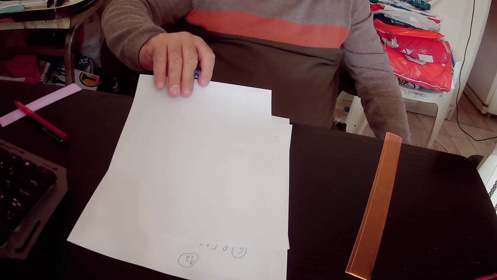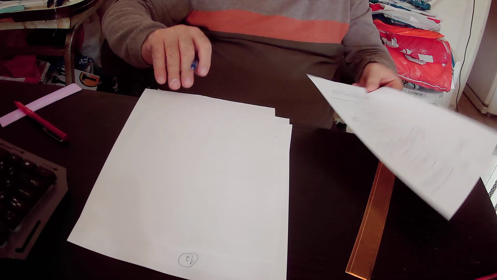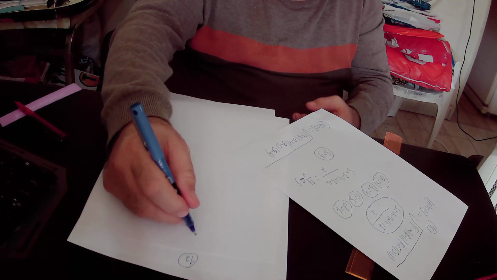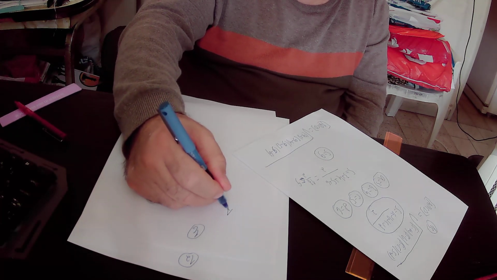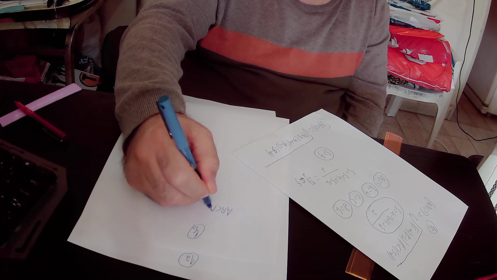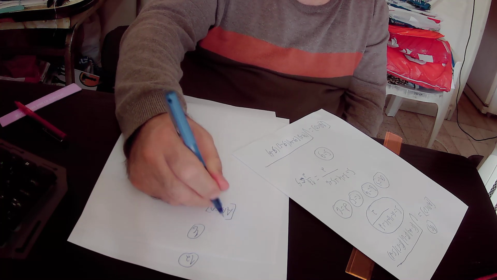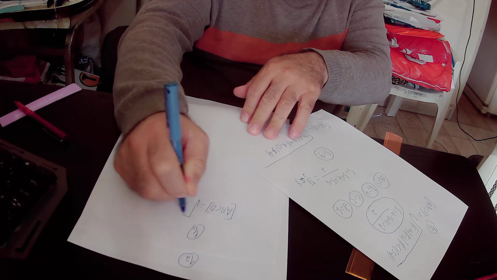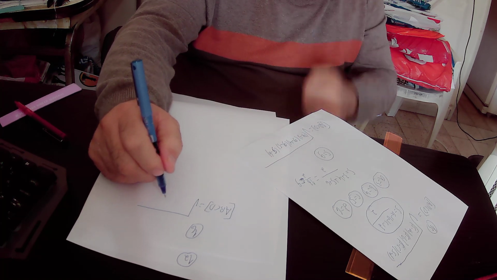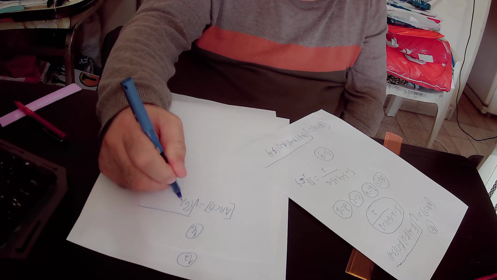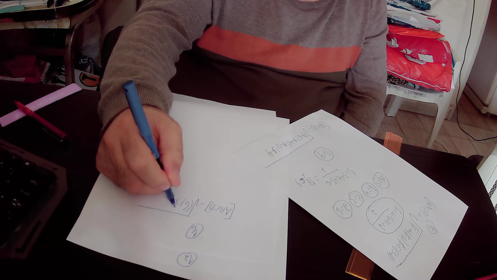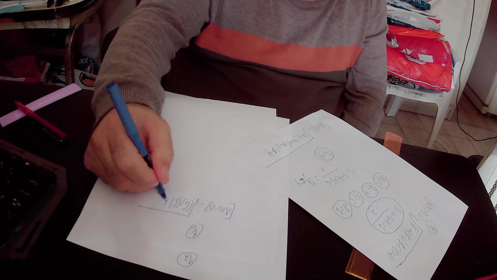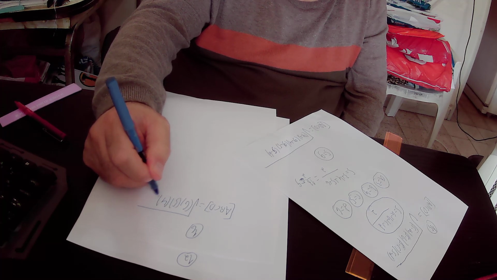So in total, the area of quadrilateral ABCD equals the root of 9 minus 3 is 6, 9 minus 4 is 5, 9 minus 5 is 4, and 9 minus 6 is 3.